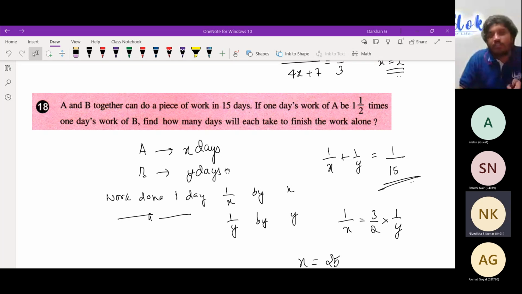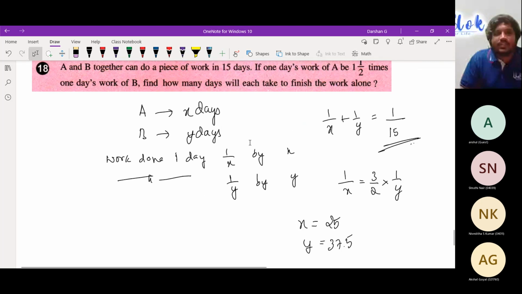If you are doing the project alone, you will finish it in 25 days. But B alone will take 37.5 days. That is how this goes. It is always the inverse. These are called inverse kind of questions. This is not a direct question. Direct means directly proportional. Inverse means inversely proportional.